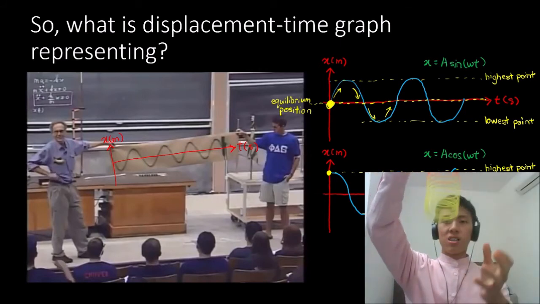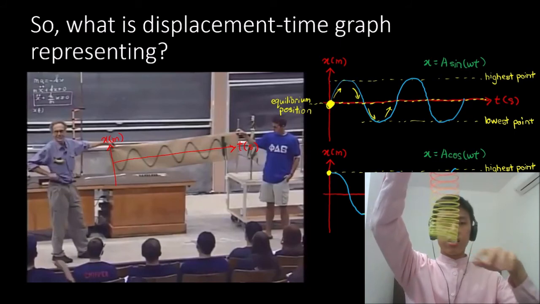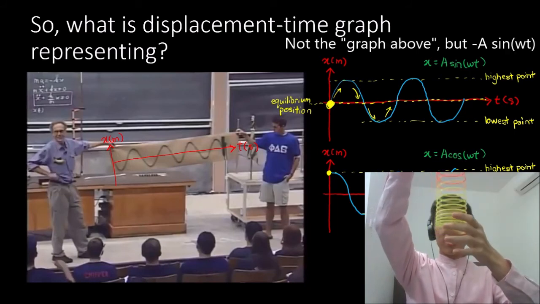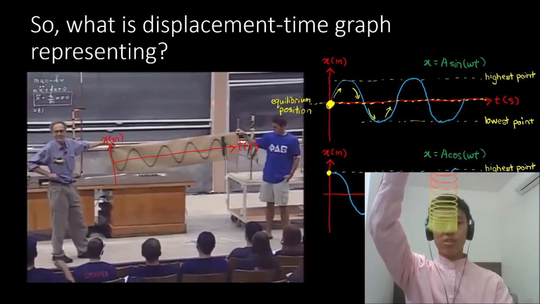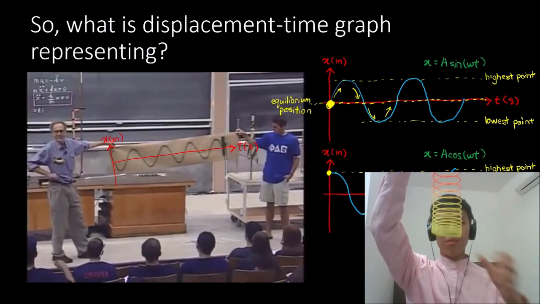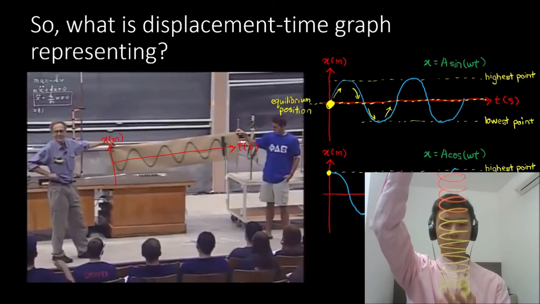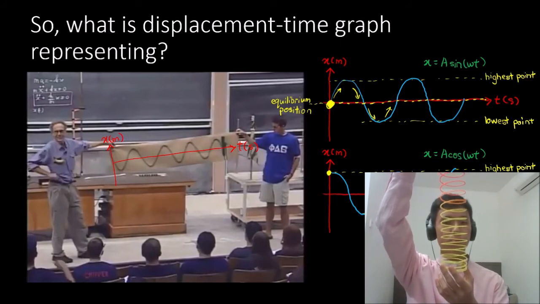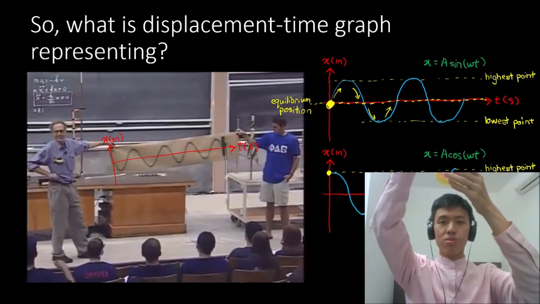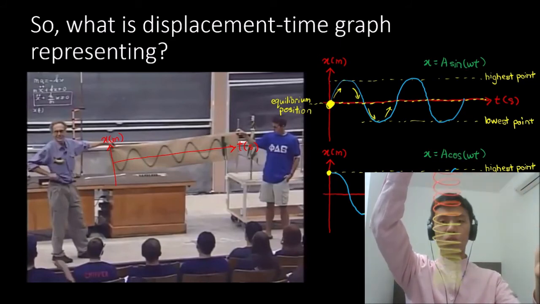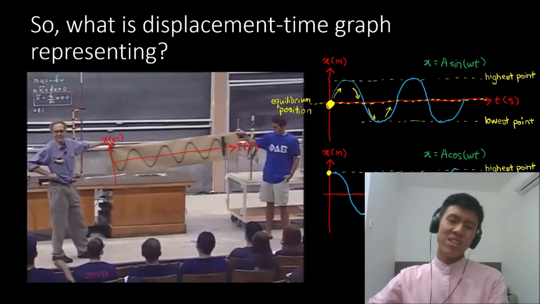So the graph above will be something like this. It starts from the equilibrium position. Whereas for the cosine graph, you pull it to the amplitude, then you let go and let the thing oscillate. You can think of it like that.